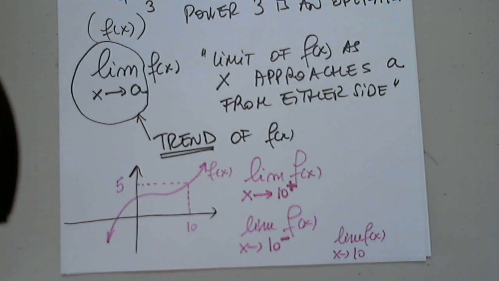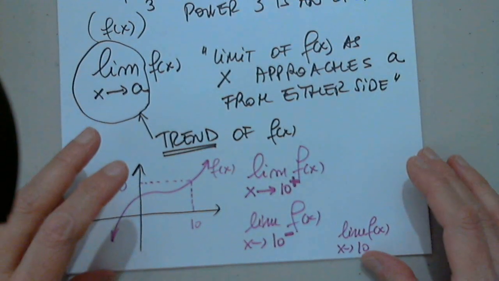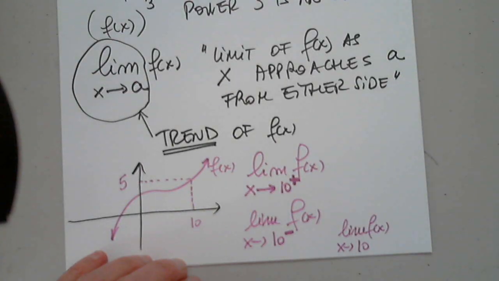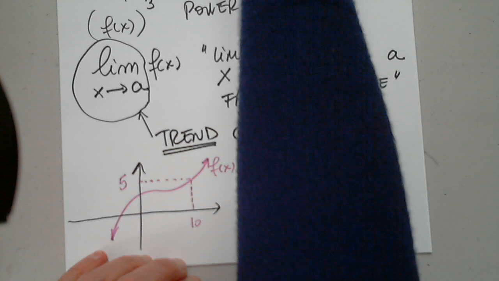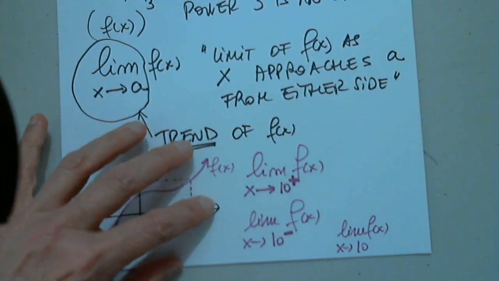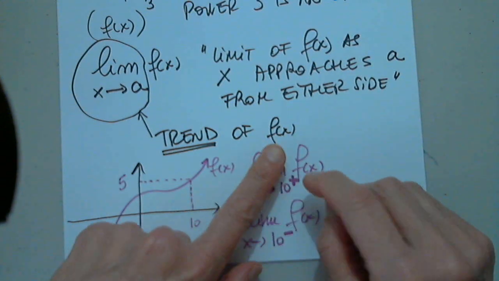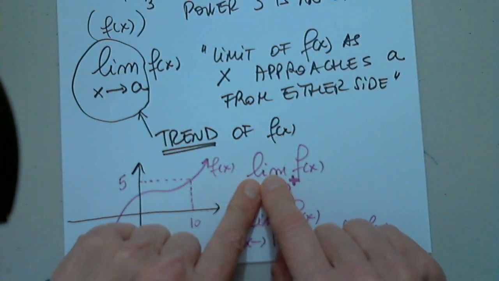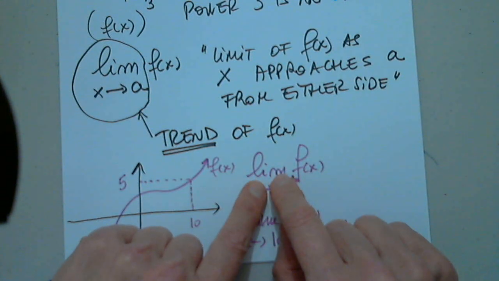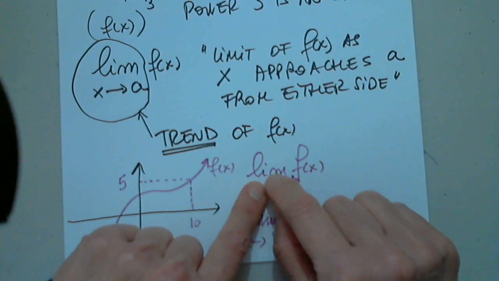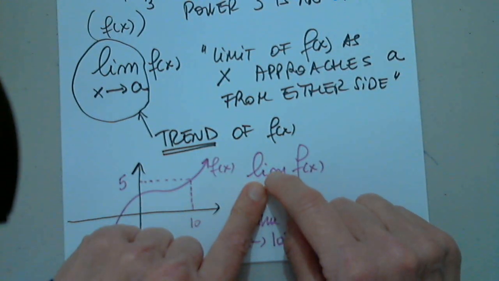Okay, so we haven't seen this before. This is telling us, find the trend. Where is the function going? Function values, of course. Where are the function values, or what are they approaching?